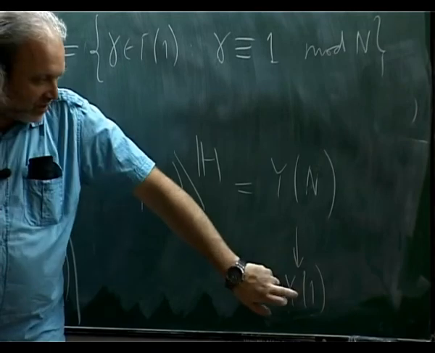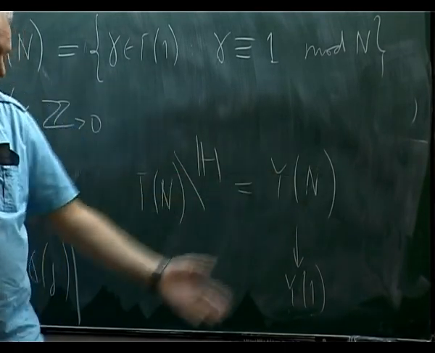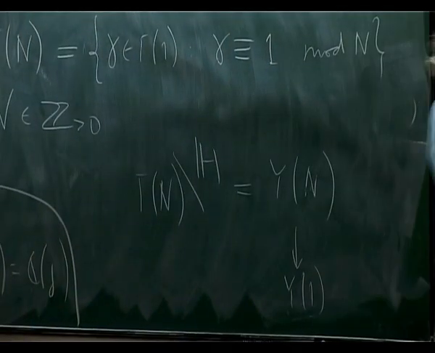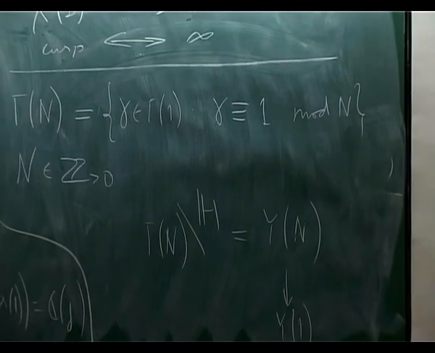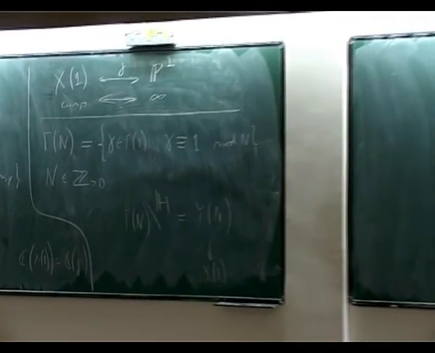So to every point here, we have many points here. What is in addition? Y(n) actually classifies elliptic curves with additional n-level structures.